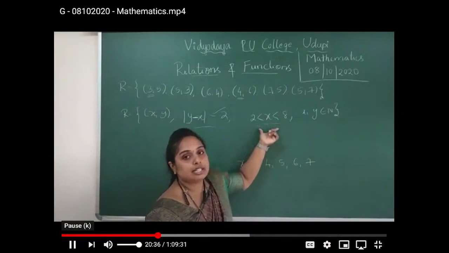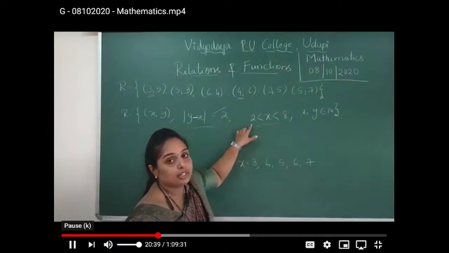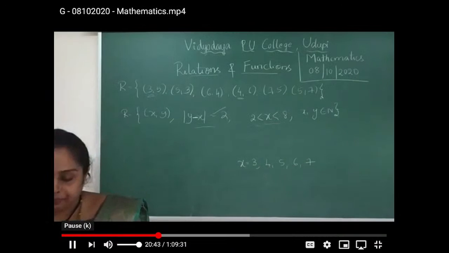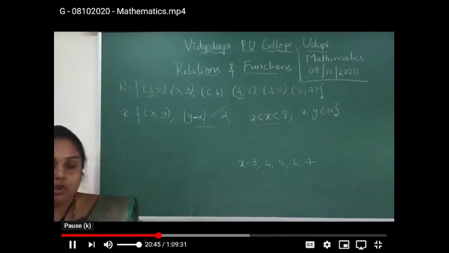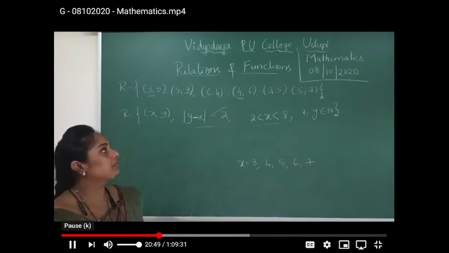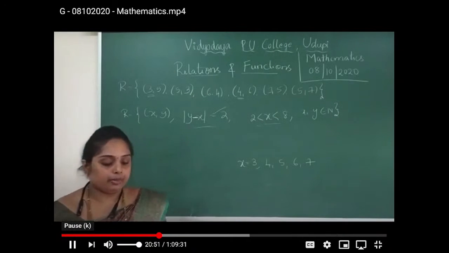So even this condition is satisfying. X is greater than 2, less than 8. So here the fourth option is correct. Okay, fourth option. Let's go to the fifth one.